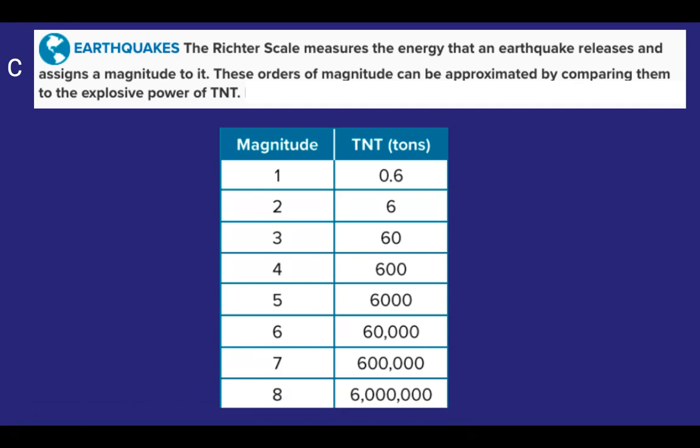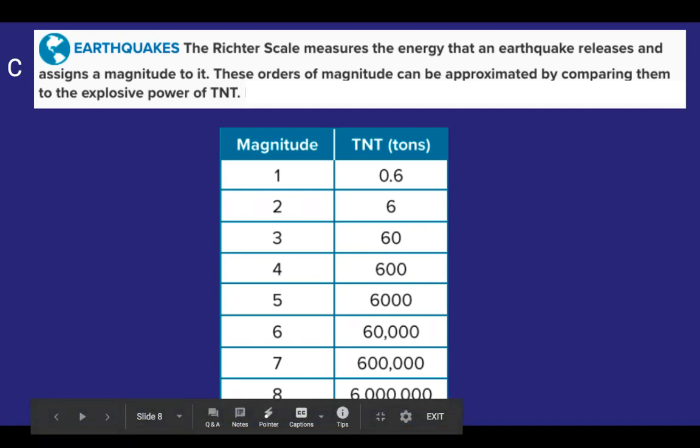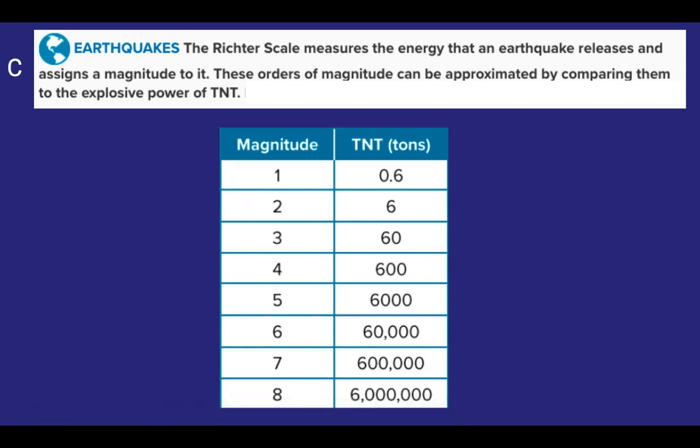So how do we get from 0.6 to 6? You could multiply by 10, which then to get from 6 to 60, you'd also multiply by 10. So this data has a constant ratio, not a constant difference, but a constant ratio. And that is the definition of exponential functions. So this earthquake Richter scale situation can be modeled by an exponential function.